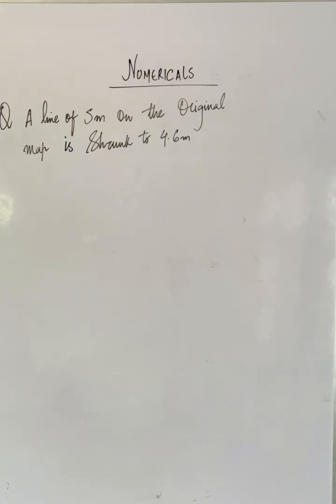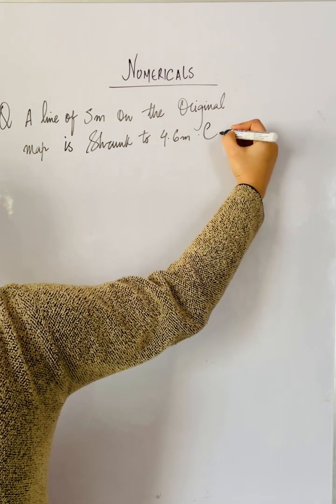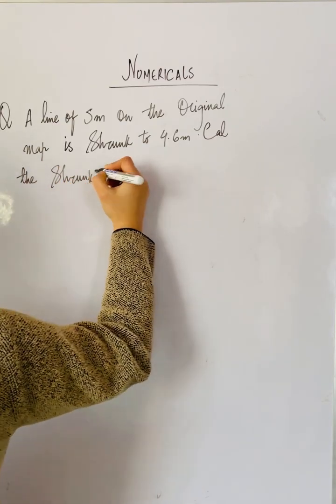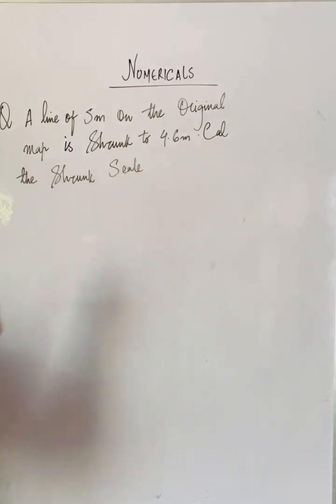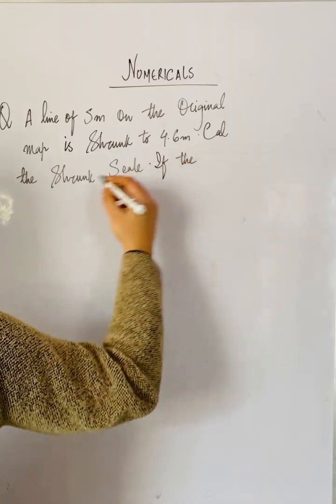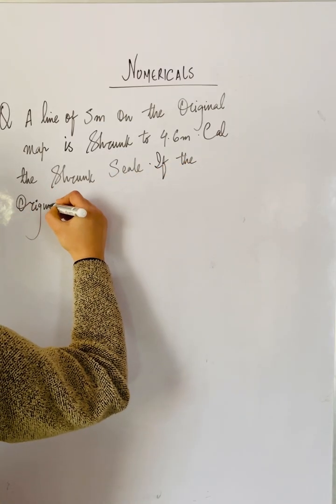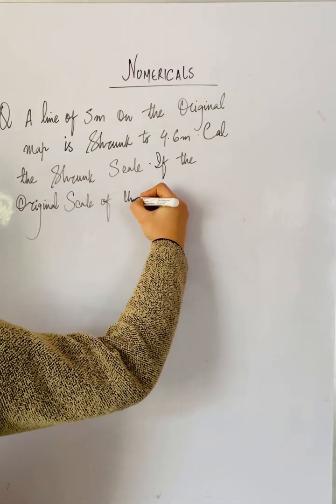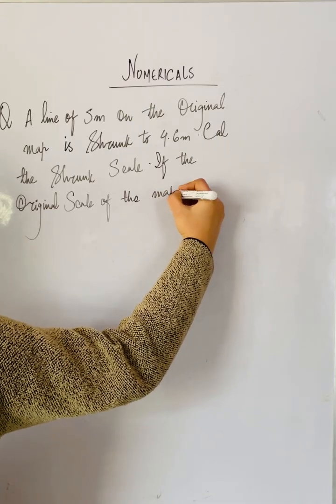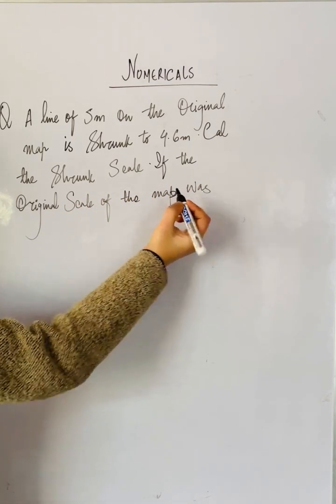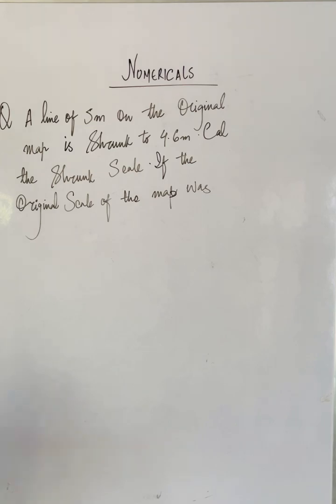Calculate the shrunk scale if the original scale of the map was, how much? 1 centimeter is equal to 80 meters.